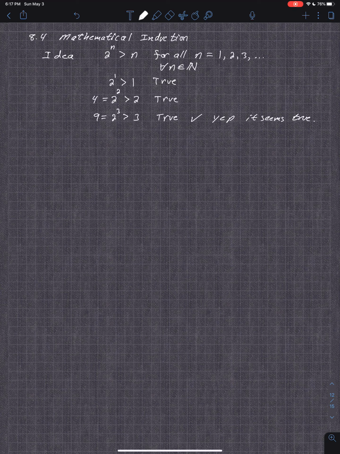So to prove something like this, we can use what's called the principle of mathematical induction. And it's basically a format of a proof we will be using to show something like that is true.